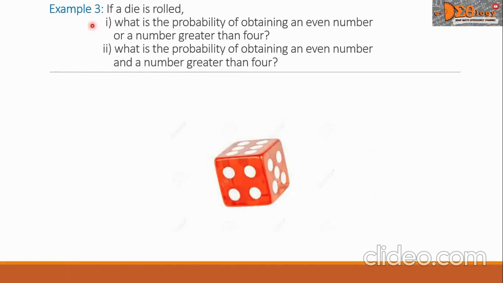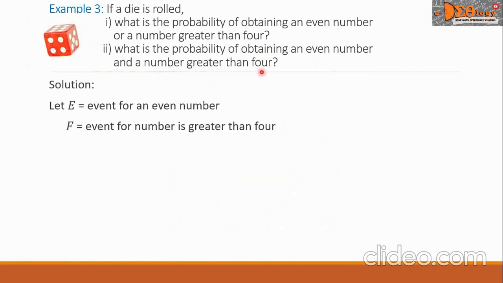Example 3. If a die is rolled, first question, what is the probability of obtaining an even number or a number greater than 4? Question 2. What is the probability of obtaining an even number and a number greater than 4? For our solution, first, let us assign E, this is the event, for an even number.